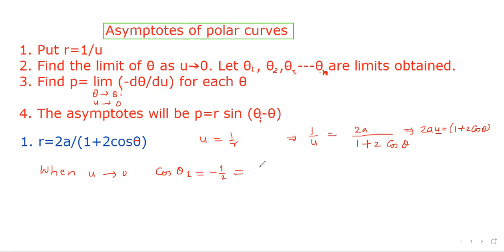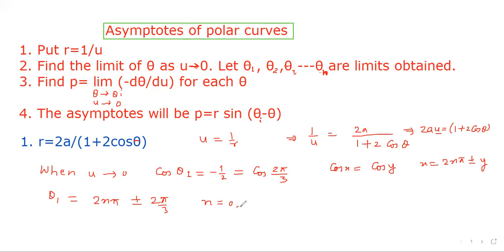And that is equivalent to cos 2 pi by 3. And we know from trigonometric equations, if cos x equal to cos y, then x equal to 2n pi plus minus y. The same rule we can apply here. So we get theta 1 equals 2n pi plus minus 2 pi by 3, where n can have any positive or negative integer values like plus 1, plus 2, etc.